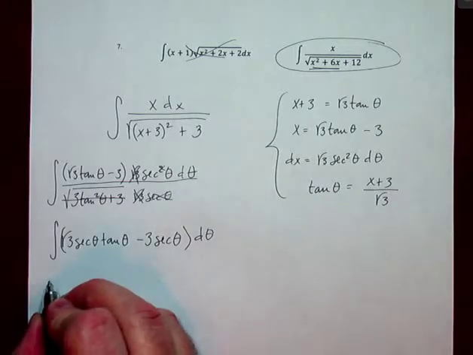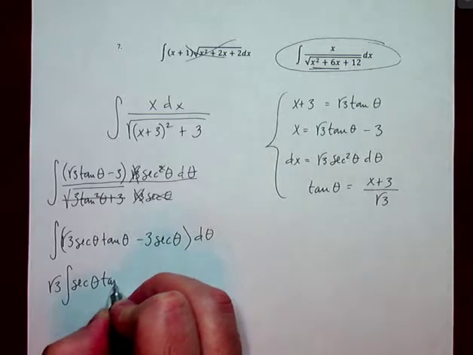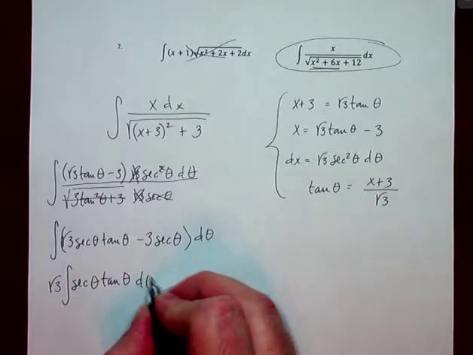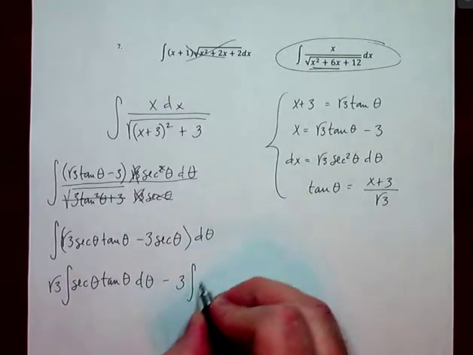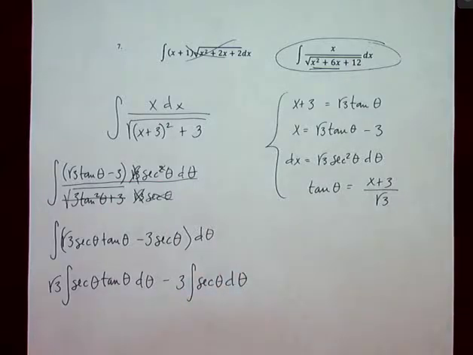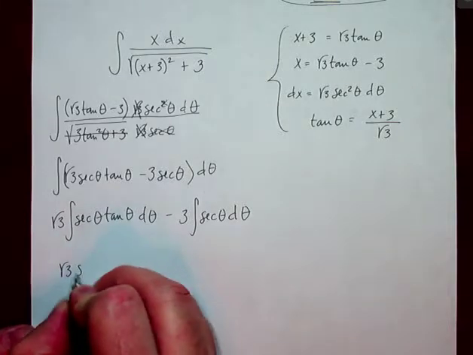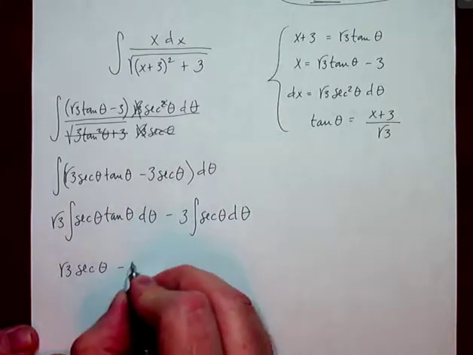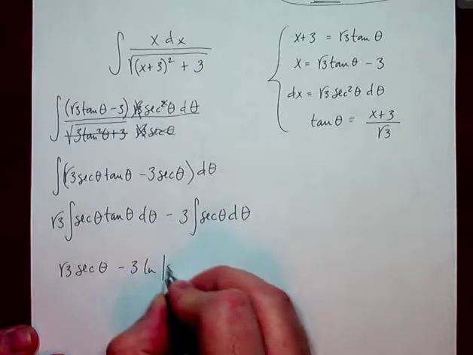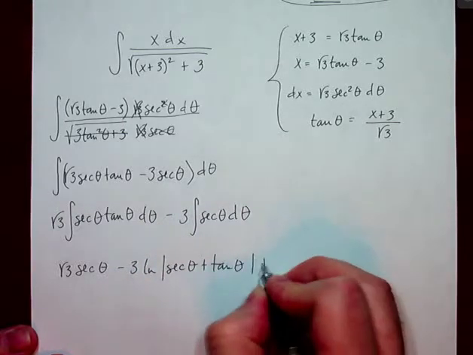Now, what that does is that gives me two relatively simple integrals, as long as I remember the formula for the integral of secant theta. And so I get root 3 secant theta minus 3 natural log secant theta plus tangent theta plus c.